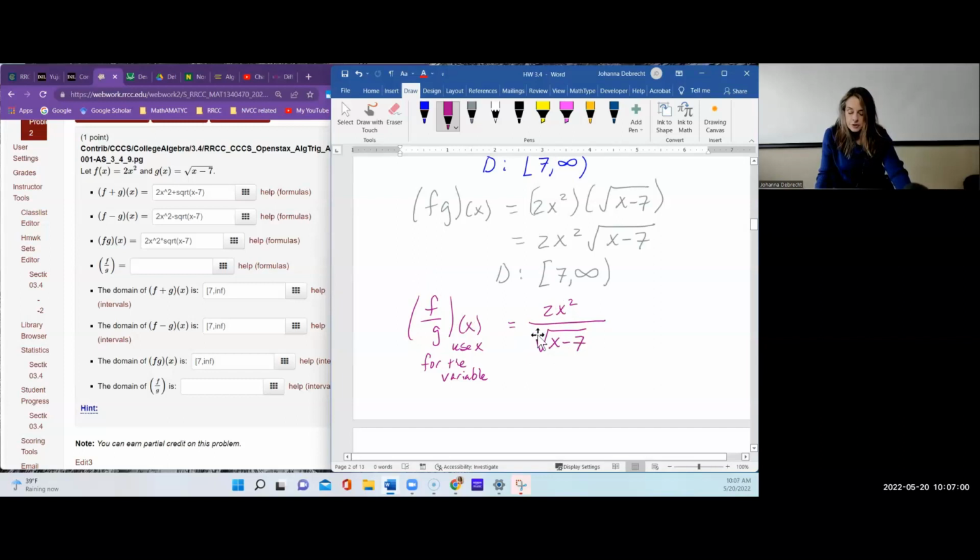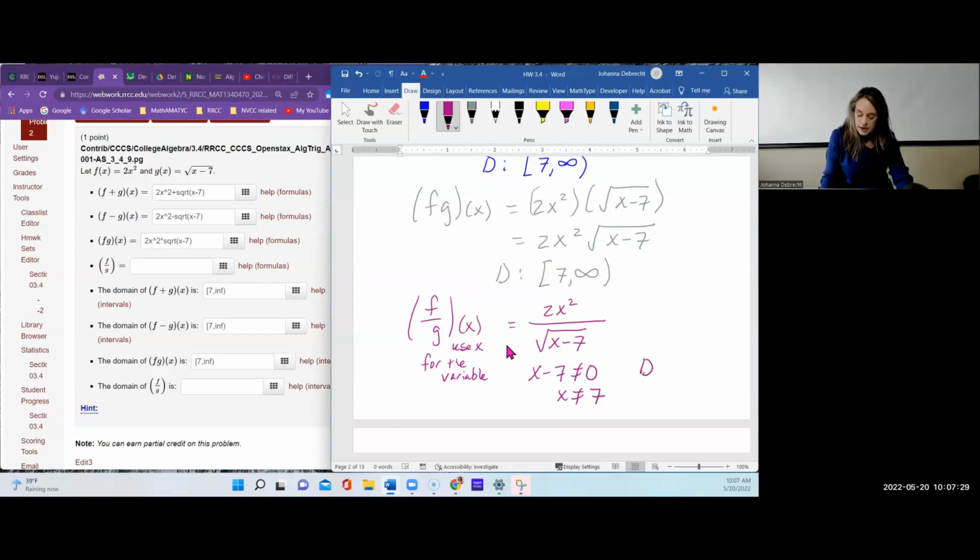Now, we have to do the same thing that we've done before. Look at what they have in common, which is closed 7 to infinity, but eliminate anything that would cause the denominator to be 0. Well, what would cause the square root to be 0? Only if the radicand, what's under the radical, becomes 0, which means that x minus 7 cannot equal 0, which means that x cannot equal 7.